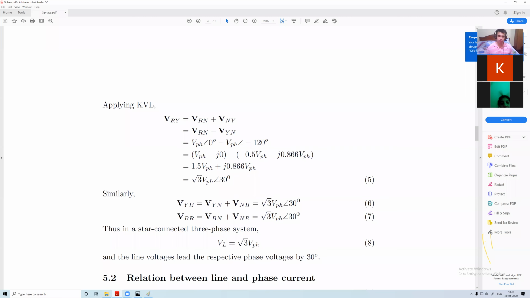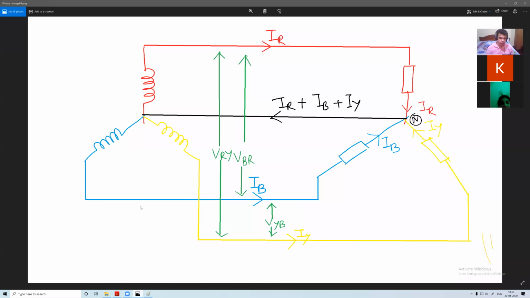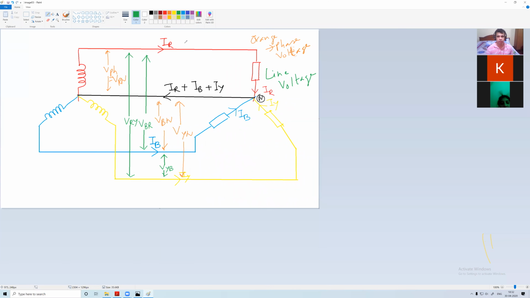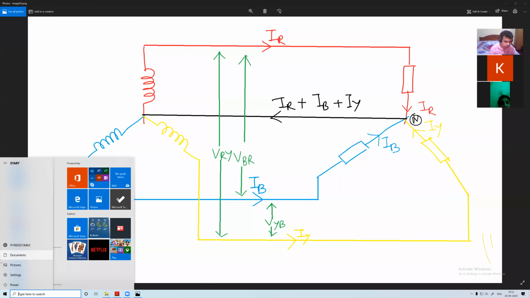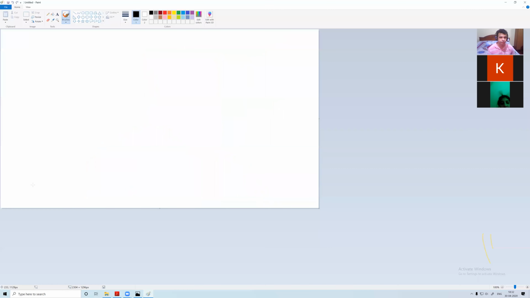Now, you use this formula. What is the relationship? Just to recall, I am deleting this. Okay.